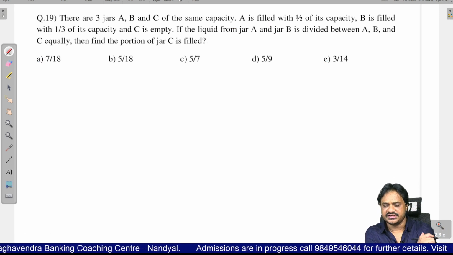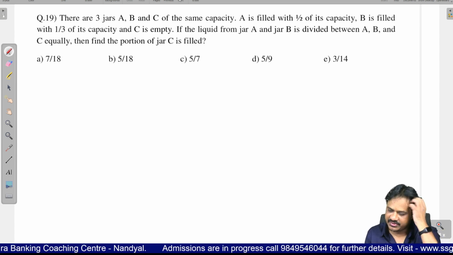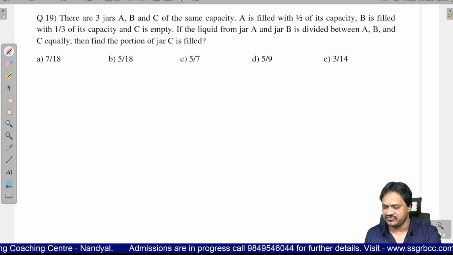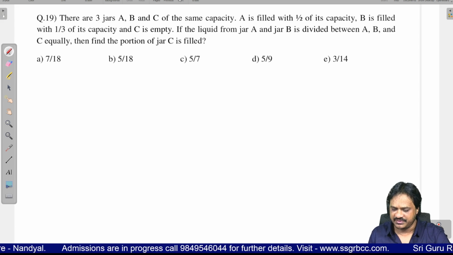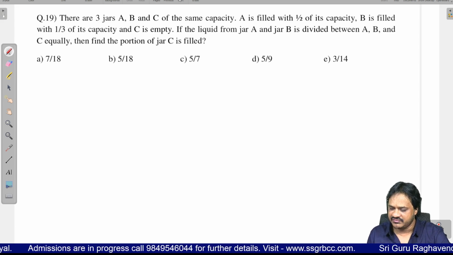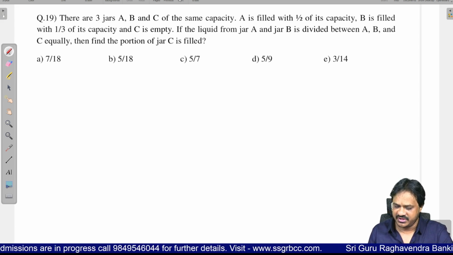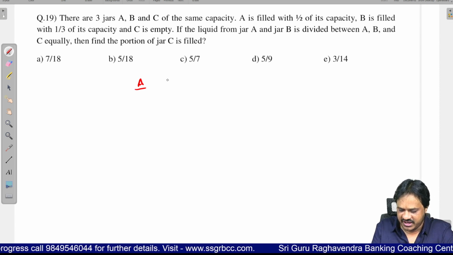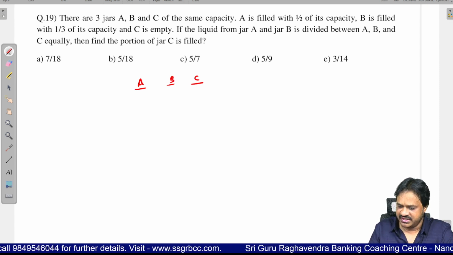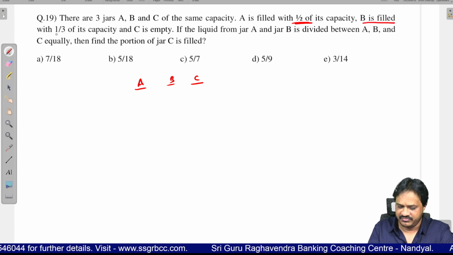There are 3 jars A, B, C of the same capacity. A is filled with 1 by 2 of the capacity. B is filled with 1/3 of the capacity. C is empty. If the liquid from A and B is divided among A, B, C equally, find the portion of C filled. So we are having 3 jars A, B, C. A is 1 by 2 filled, B is 1 by 3.